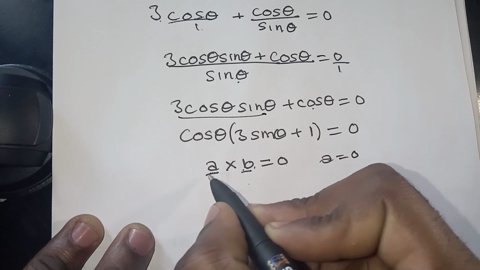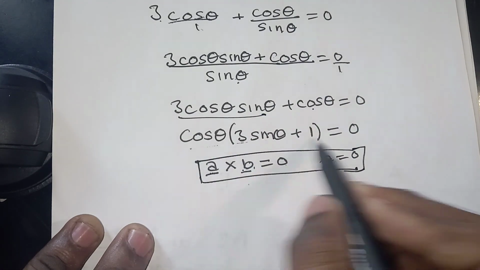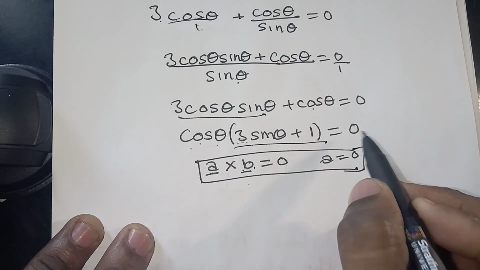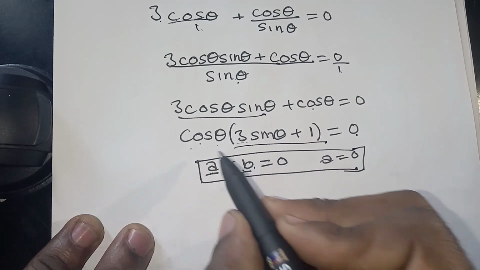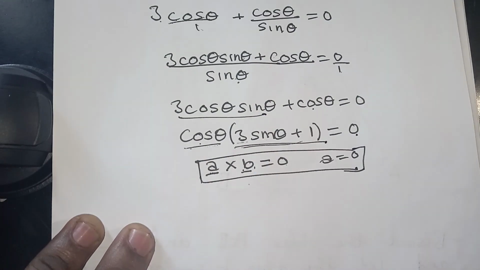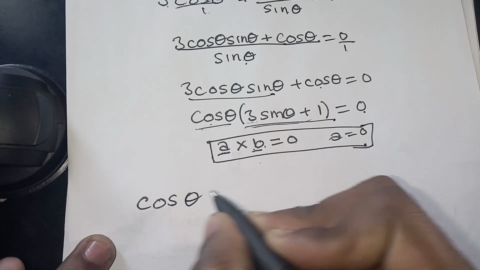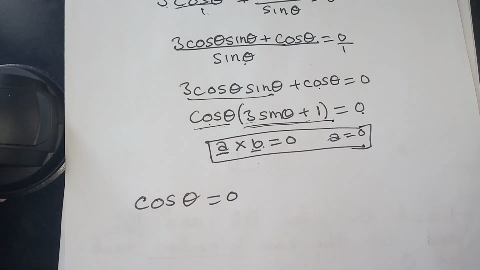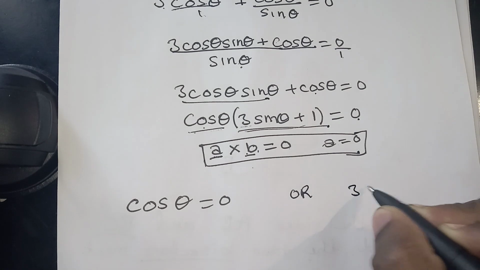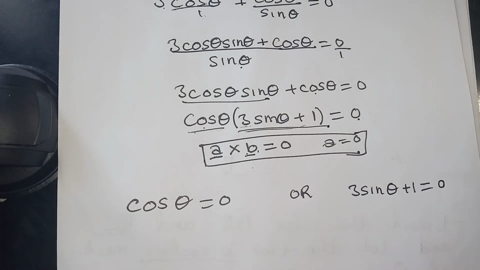So we can use this fact here. When you are multiplying this by this and the product is 0, it means either this or this is equal to 0, or even both. So you can say cos theta is equal to 0, or 3 sine theta plus 1 is equal to 0.